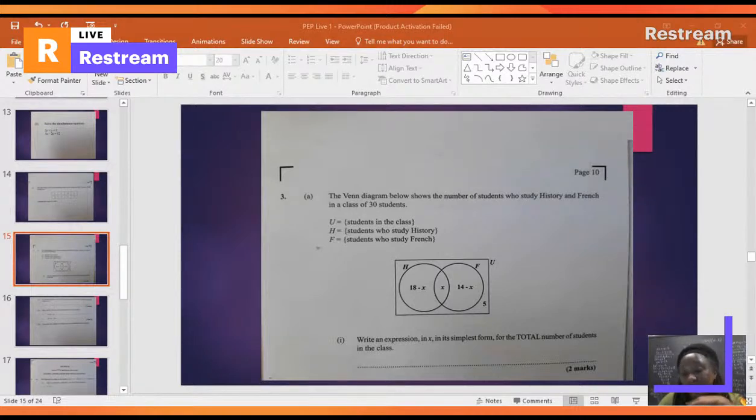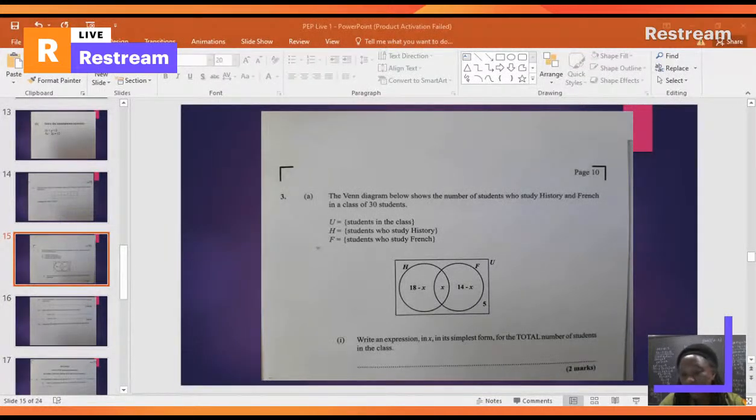And on the outside, we have 5 students in the rectangle but not in the circles. That means those 5 students don't study either history or French. They are a part of the class, but they're not in the French or history class. So they are in the universal set, but on the outside of the circles.